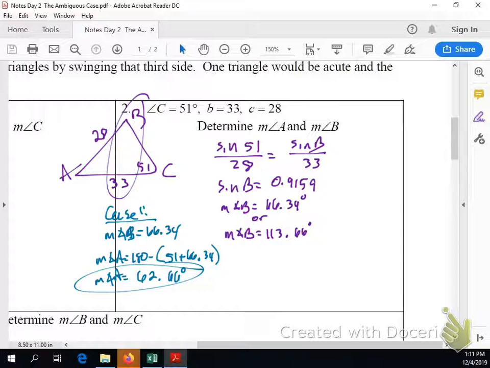So that's one possibility. The other one is the fact that the measure of angle B might also be 113.66. That means the measure of angle A is going to be 180 minus 51 plus 113.66.